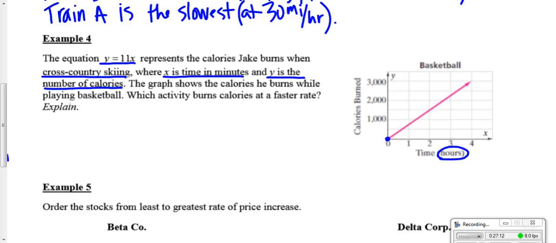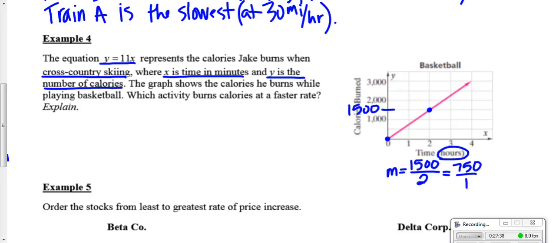My first point is 0, 0. My second point on my grid is right about here. And so that looks like it's 1,500. Okay? And so when I talk about slope, change of y over the change of x, my change of y, 1,500. My change of x is 2. If I simplify, I have 750 over 1.